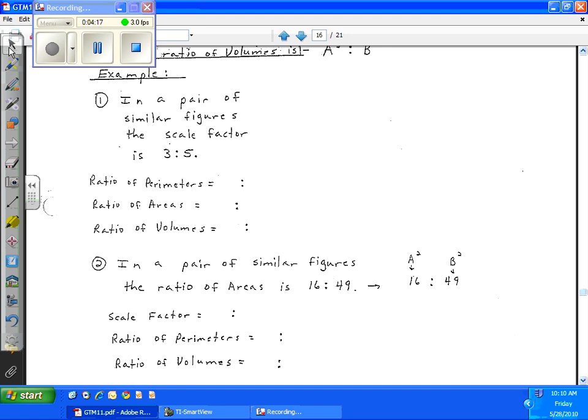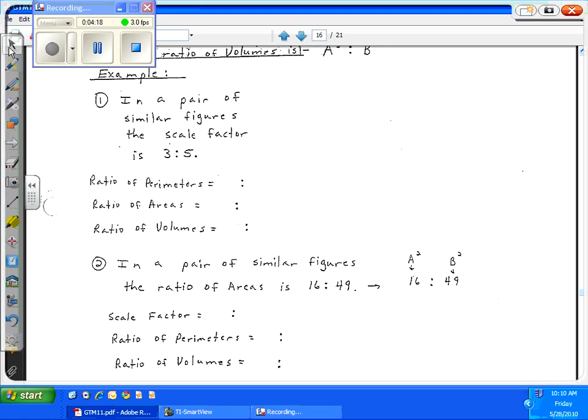In a pair of similar figures, the scale factor is 3 to 5. So what's the ratio of perimeters? Well, it's the same, 3 to 5. What about the ratio of areas? Well, areas, two dimensions, so it's 3 squared to 5 squared. We have to square those. And so we would have 9 to 25 for the ratio of areas. Volumes.